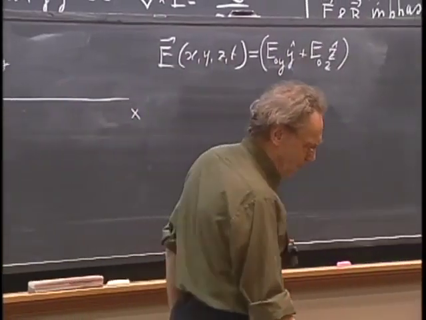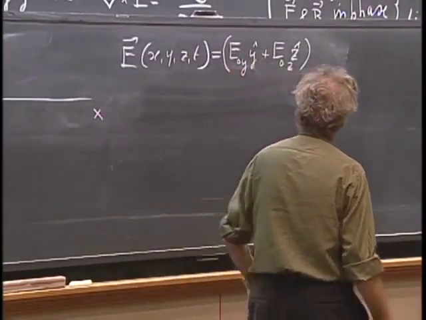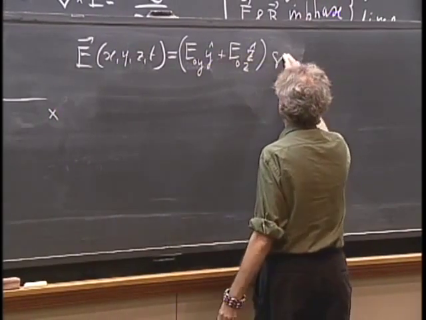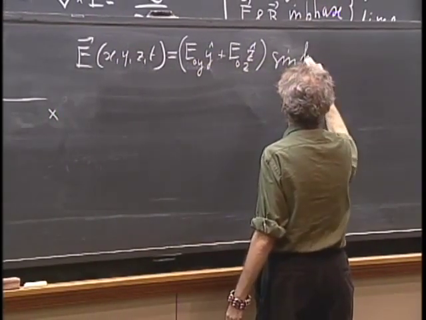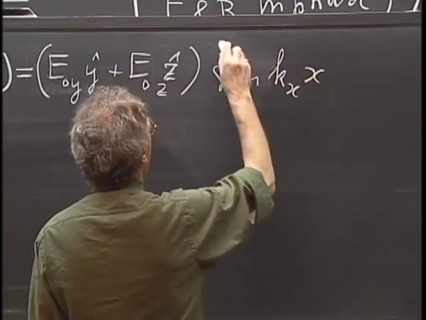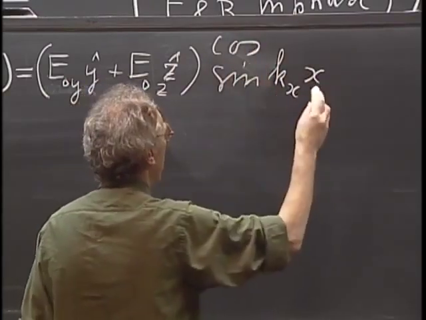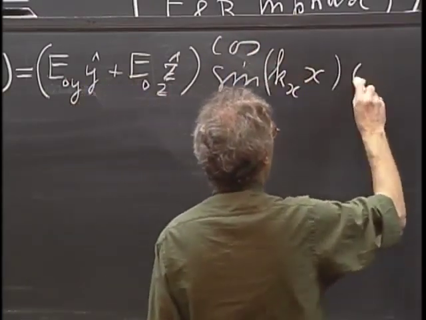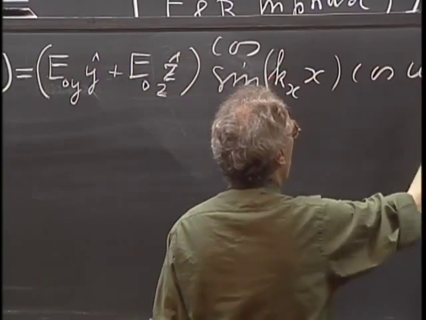And now you get your spatial part in the x direction, for which you can write down either the sine of kx times x, or if you prefer a cosine, I have no problem with that. And then we have here cosine omega t.